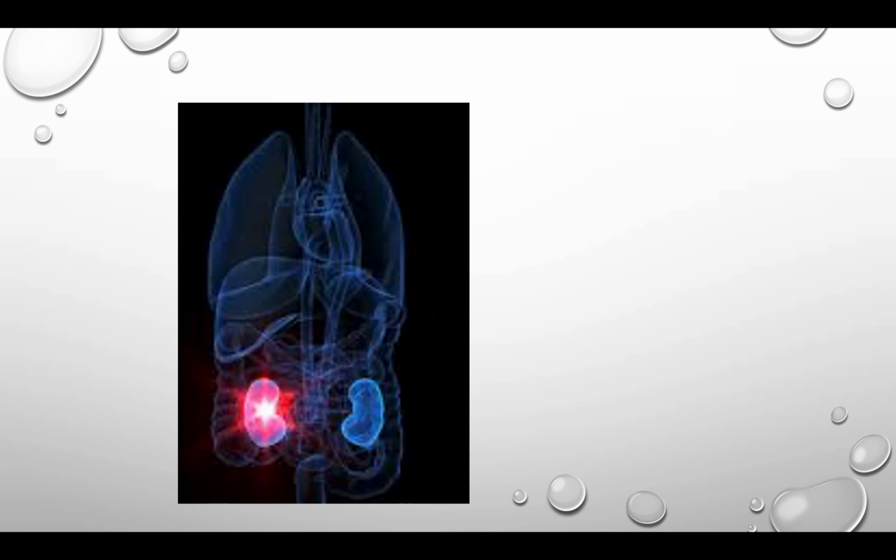So basically what happens with a kidney stone is, for some reason or another, sometimes it can be dehydration, can be genetic reasons, an excessive amount of calcium, different reasons why patients can develop kidney stones. But you have a stone that's in the kidney, and a lot of times, not always, when the stone is actually in the kidney, it doesn't really cause a lot of pain.